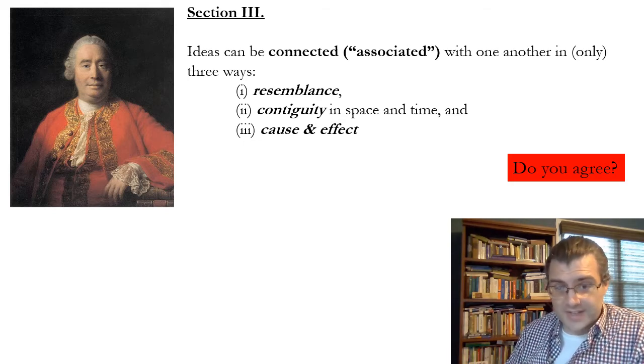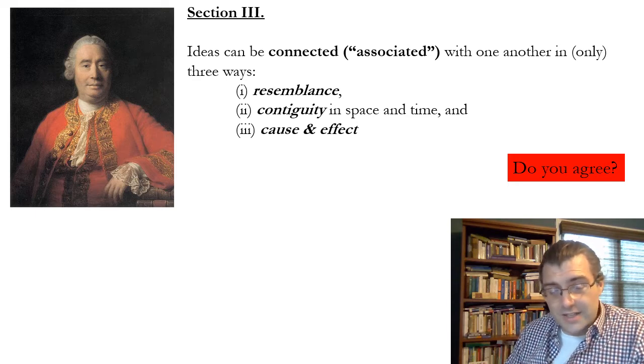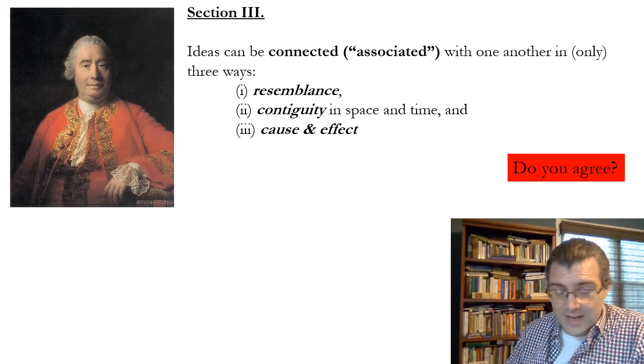And the 3 are resemblance, that 2 ideas appear similar to one another or have a similar character to one another. Contiguity in space and time, that is, that they occur together at the same time, or that they occur together in the same space.